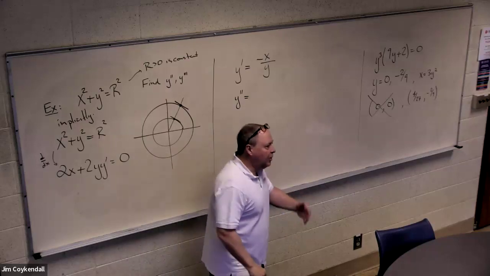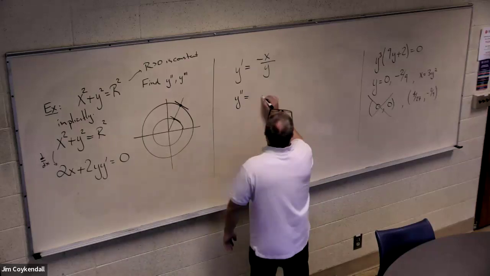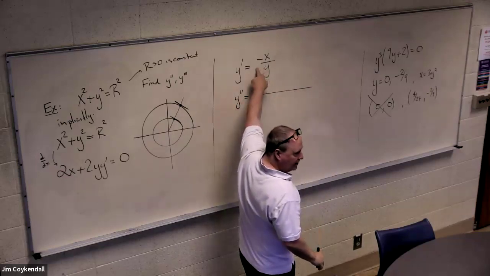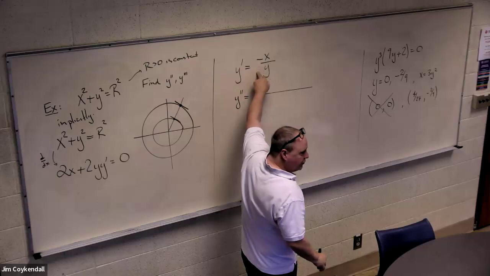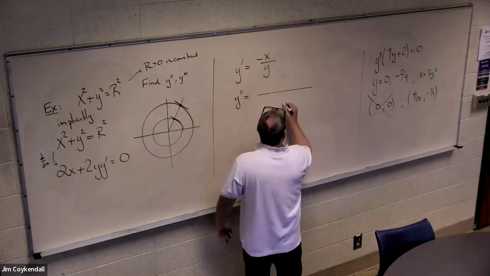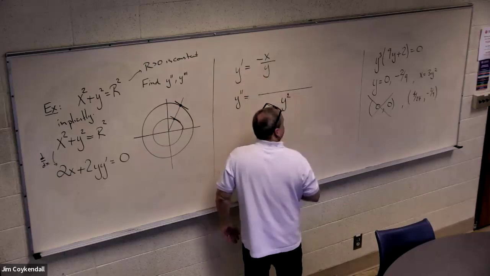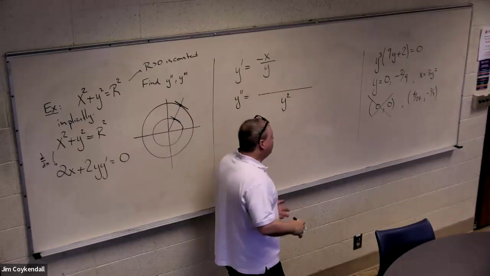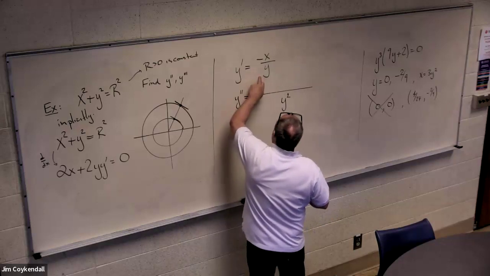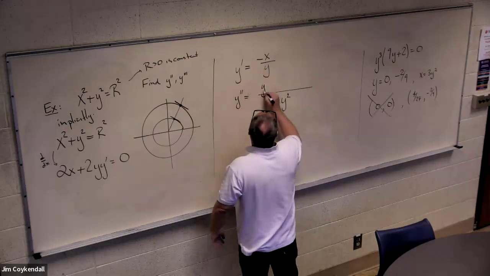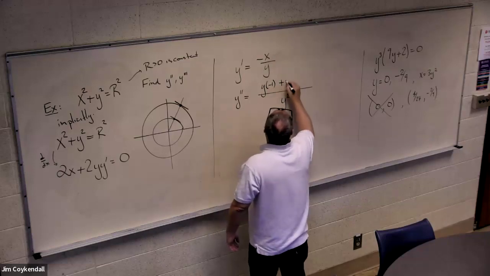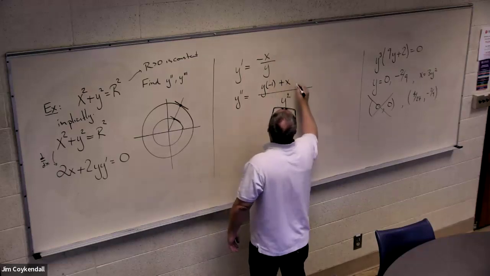You do this just like you would do any derivative. This is a quotient rule, agree? So you get a new fraction. The bottom is the old bottom squared. Let's just be careful with this. It's bottom times the derivative of the top minus the top, so it's plus x times the derivative of the bottom.